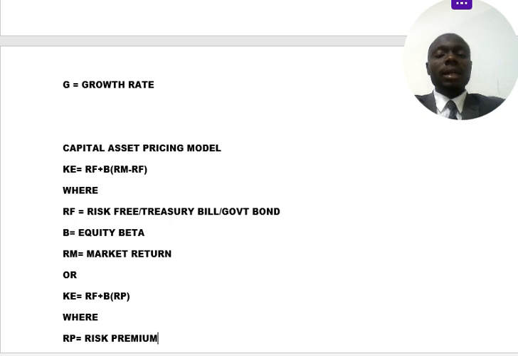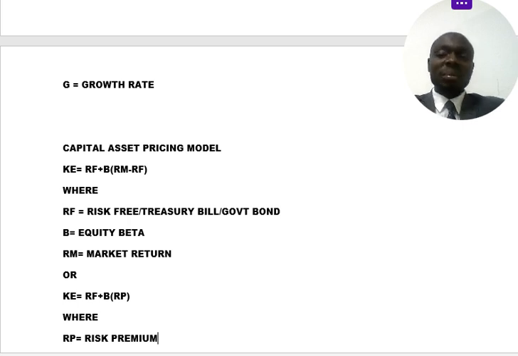Why do we call this risk-free? Risk-free means that when you invest in a treasury bill or government bond, at the end of the day, they must pay you your principal and interest, right? So when we get to bond valuation, we will talk more on treasury bill, government bond, and corporate bond.